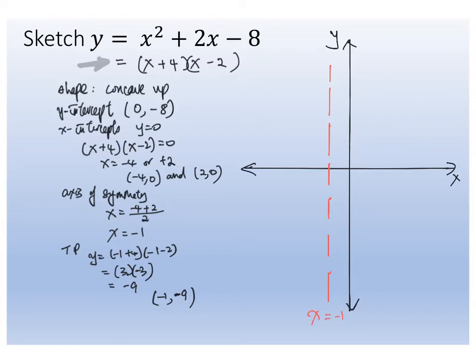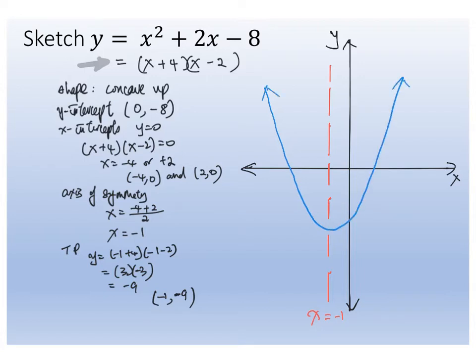And then you know that the y-intercept is 0, minus 8, and so on and so forth. However, the trick is I'm actually going to sketch the parabola before I indicate all the points. Sometimes it just makes life a little bit easier, that's all.